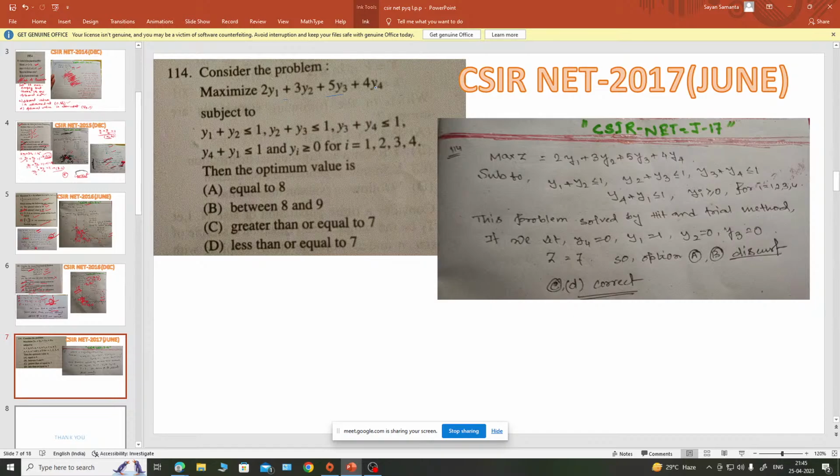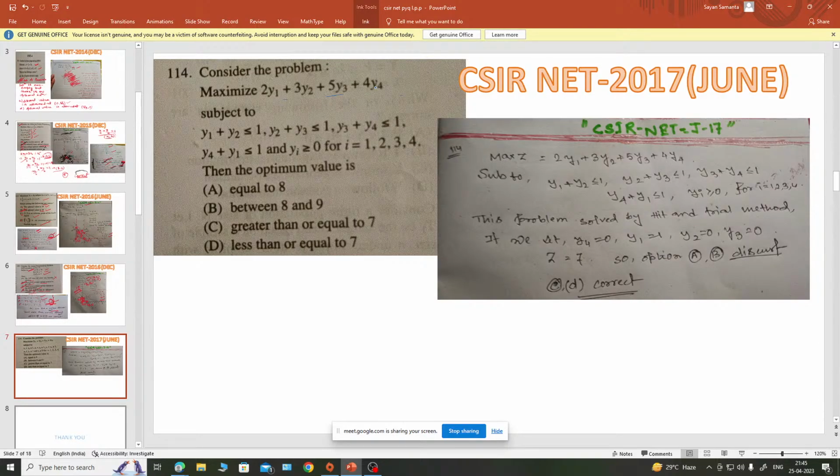So this problem we cannot solve graphically. We can try the simplex method, the two-phase method, or a different type of method.